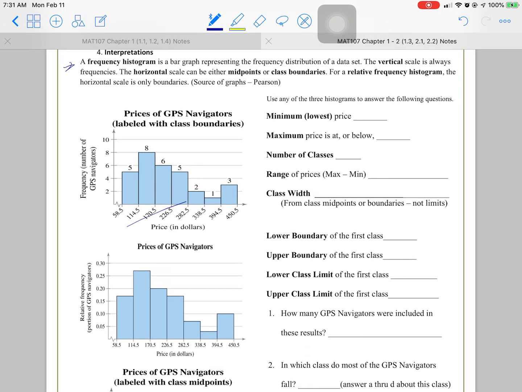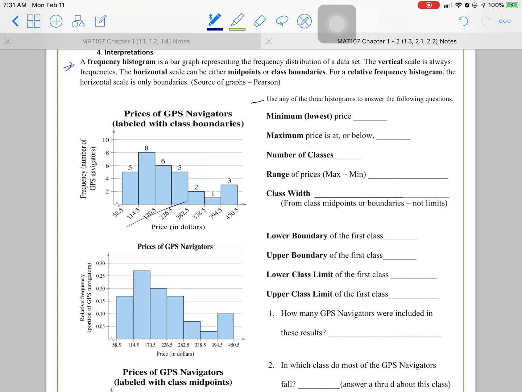So let's see what we need to answer questions about the data for these. It says use any of the 3 histograms to answer the following questions. What's the minimum price, or the lowest price, of a GPS navigator that we had in our data set?